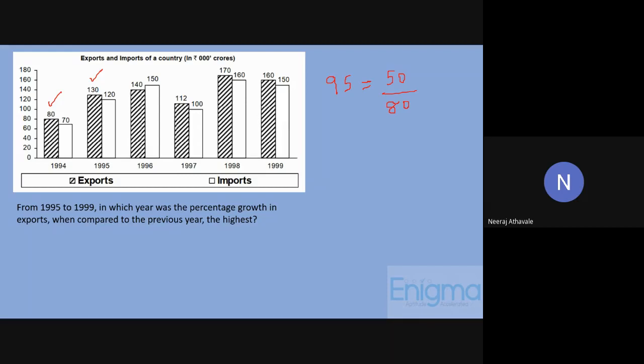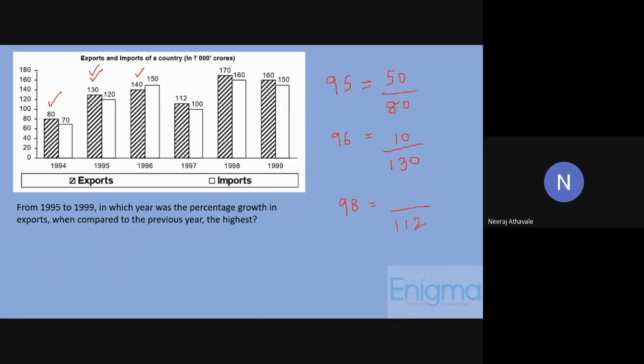Now what else? 96 का कितना आ जाएगा? It would be 10 upon 130. We are taking these two values. Okay, and 97 का तो ले नहीं सकते because it has decreased. Next is 98. Okay, so 98 का क्या आ जाएगा?